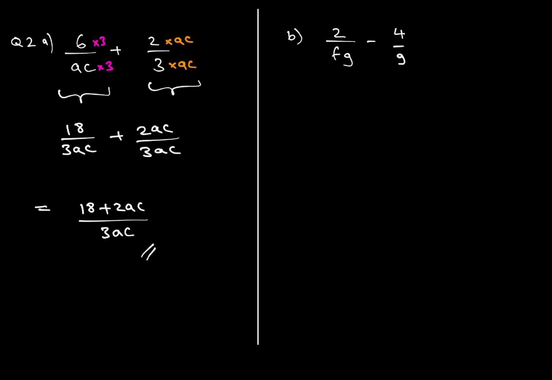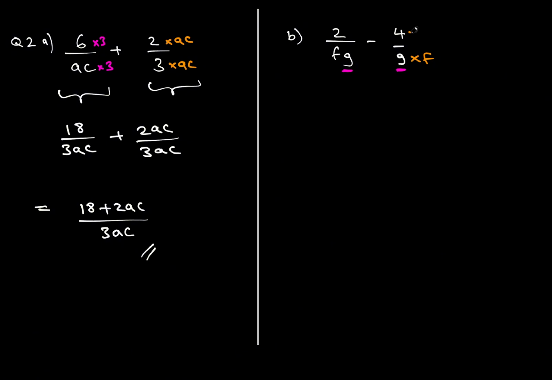I've got 2 over FG minus 4 over G. I am just going to make the denominators the same again, and I can try to multiply them. But if you notice, both of them have already got a G in the denominator. So the fraction on the right hand side, the 4 over g, just needs to be multiplied by f in order to get fg as the denominator.